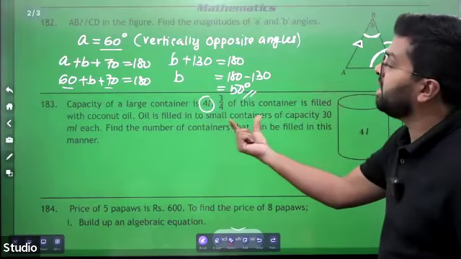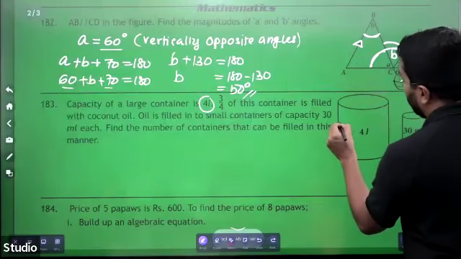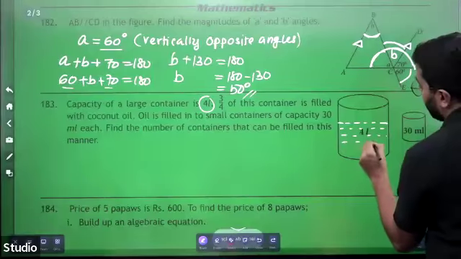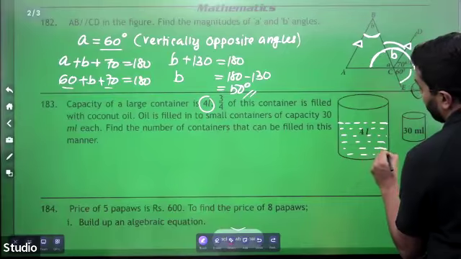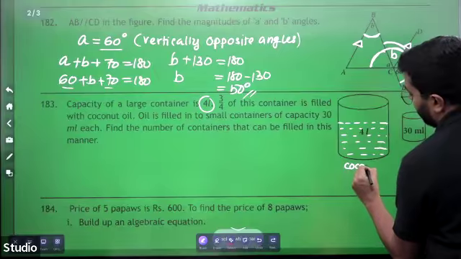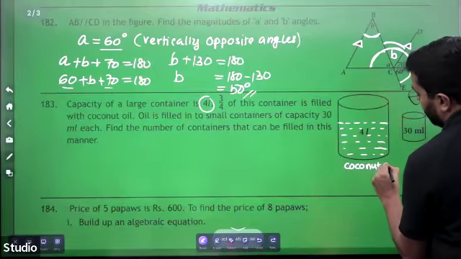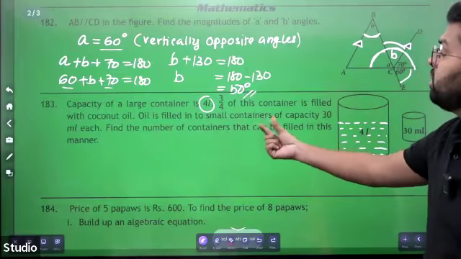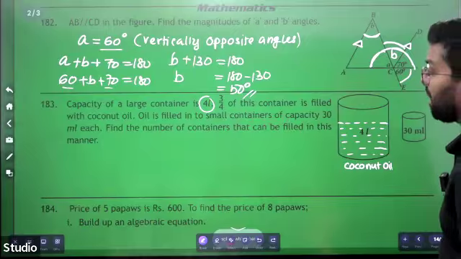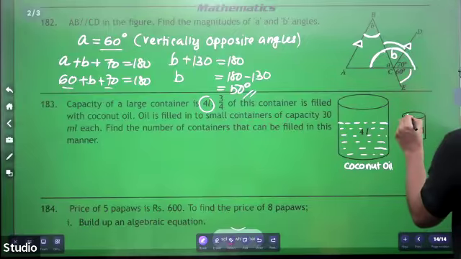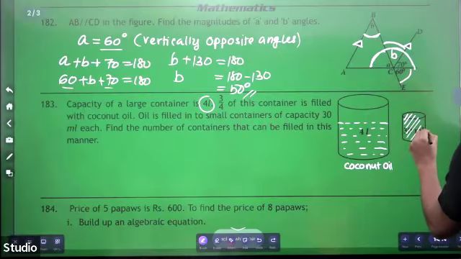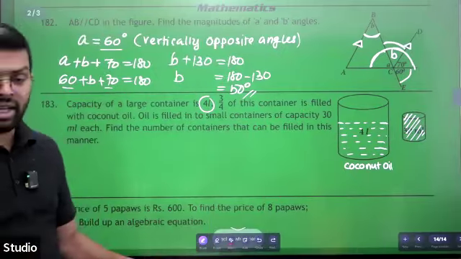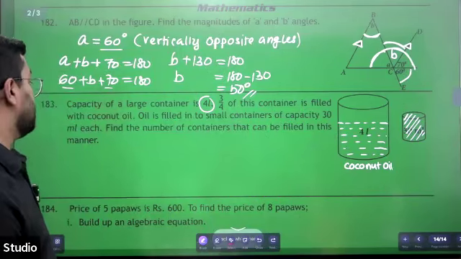3/4 of the container is filled with coconut oil. Right. So we have coconut oil. The oil is filled into small containers of capacity 30 milliliters. Now, when it comes to this small container, the maximum amount of liquid you can put into this container is 30 milliliters.